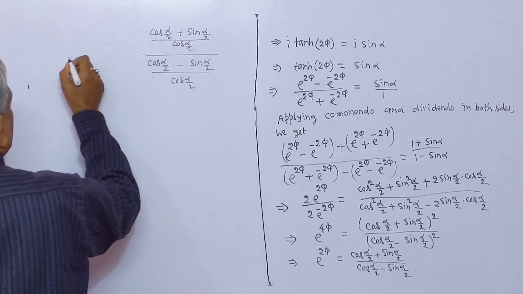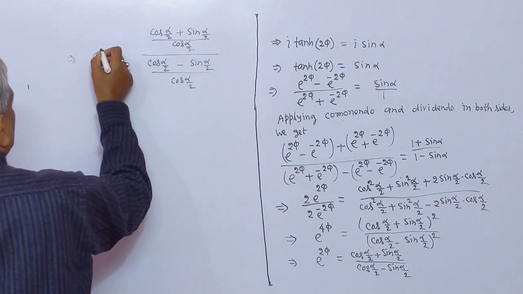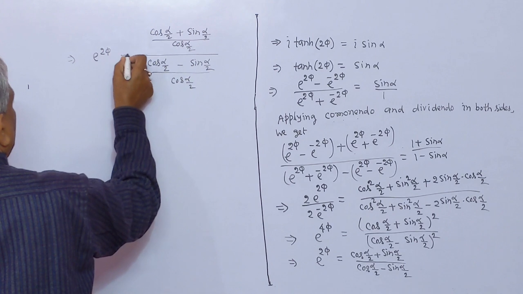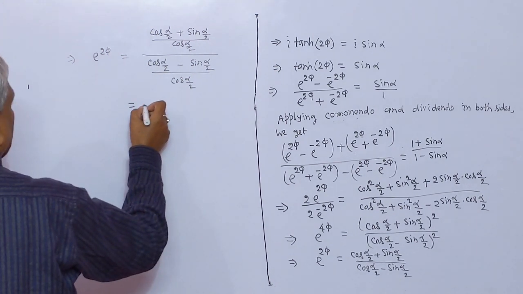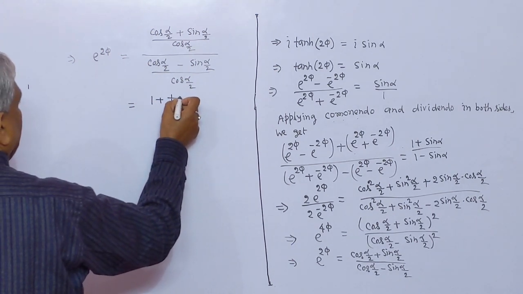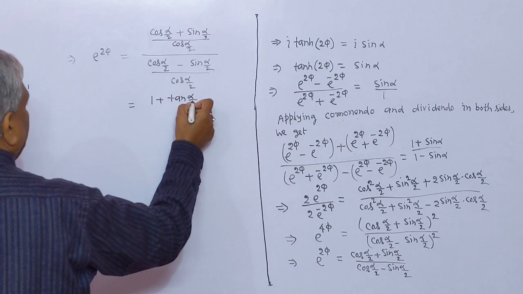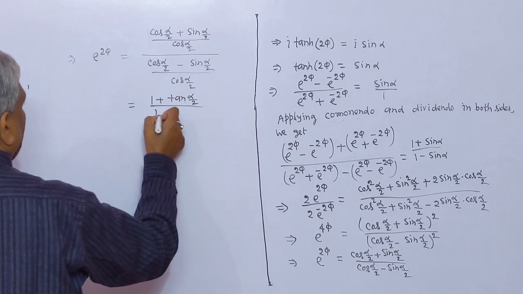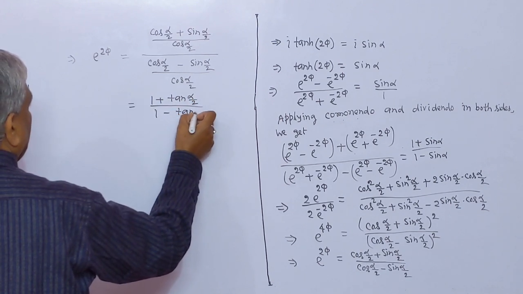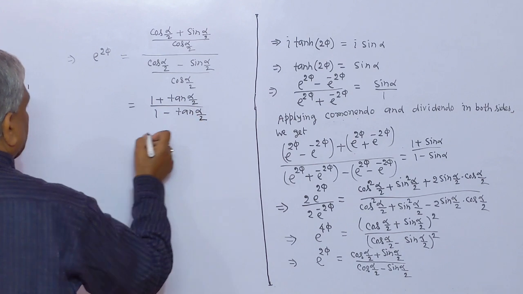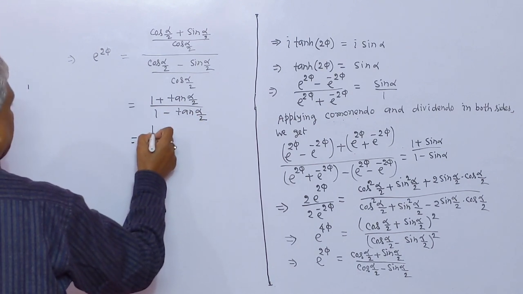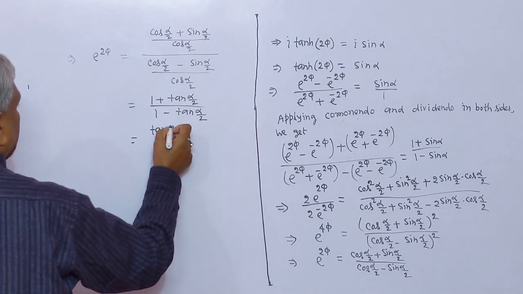Here we write e to the power 2 phi equal to 1 plus tan alpha by 2 by 1 minus tan alpha by 2, and this equal to tan pi by 4.